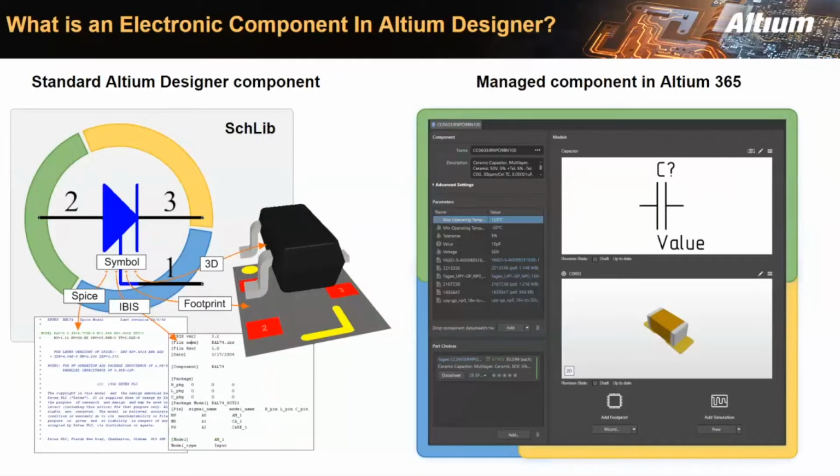Let us review the approaches used in Altium Designer to represent a component at different stages of the design process. In the first case, using separate schematic symbol and PCB footprint libraries, the symbol is a fundamental item and component parameters, PCB footprints, simulation models, and data sheets are associated with the symbol. The next generation approach, usually in Altium 365, utilizes a separate component entity.